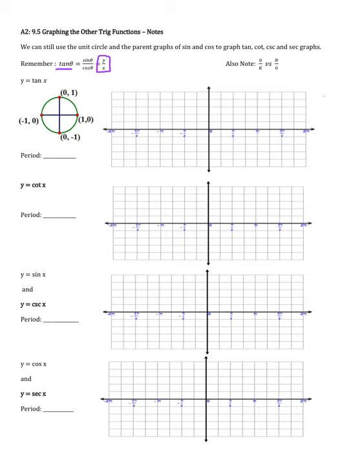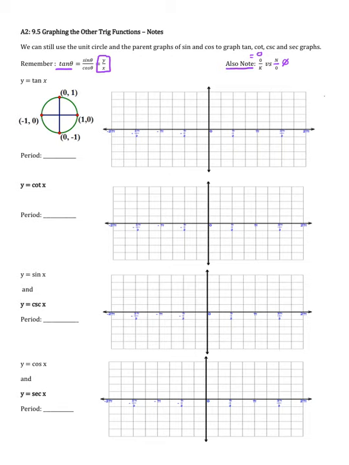Also, I want to point out, I got this little acronym from Pinterest, where it is okay to have 0 on top because that would equal 0, but it is not okay to divide by 0. That would be undefined. On our graph, when you have something that is undefined, that's going to be an asymptote, which we have seen when we did our rational functions. So let's start in on this.